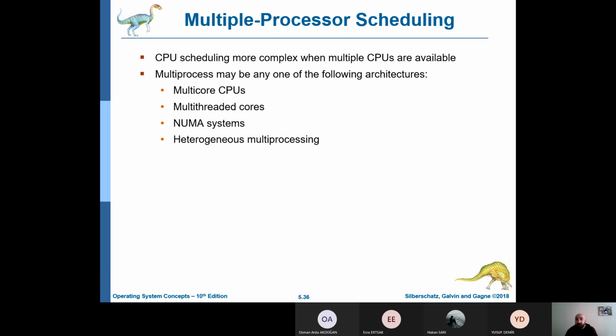Traditionally, the term multiprocessor referred to systems that provided multiple physical processors, where each processor contained one single core CPU. However, the definition of multiprocessor has evolved significantly, and on modern computing systems, multiprocessor now applies to the following system architectures: multi-core CPUs, multi-threaded cores, NUMA systems, and heterogeneous multiprocessing.